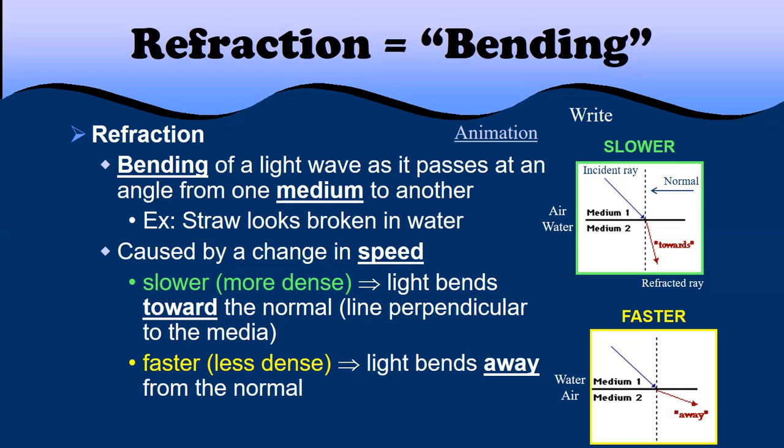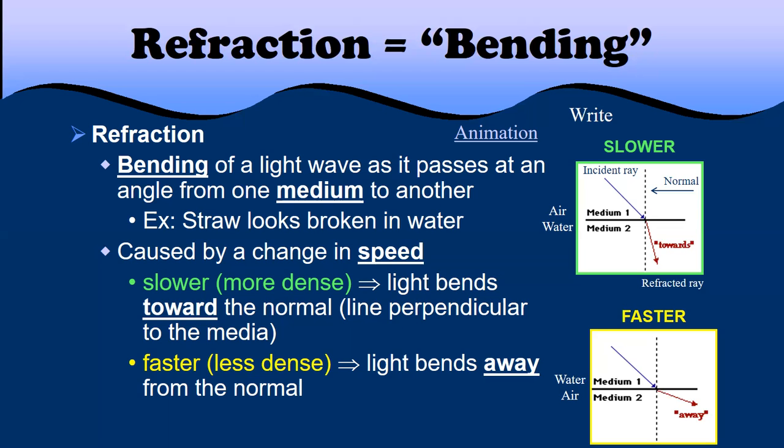So when it slows down, it changes angles, the angle of incidence, right? When light passes through a more dense object like water, it slows down, and light bends. Then we see an object a different way. It always bends toward the normal when it goes slower.